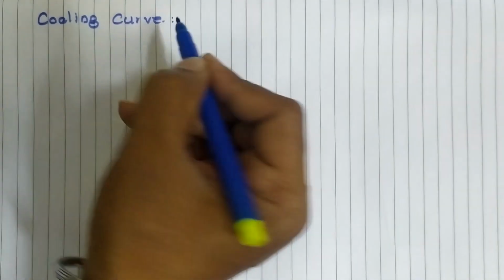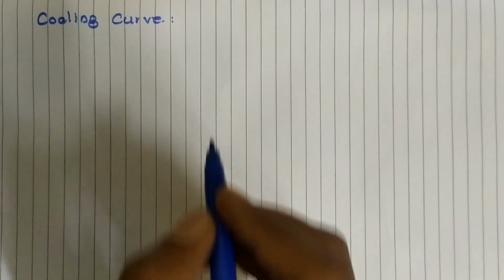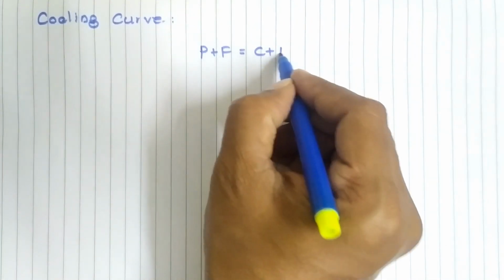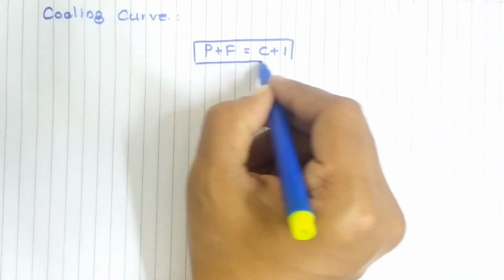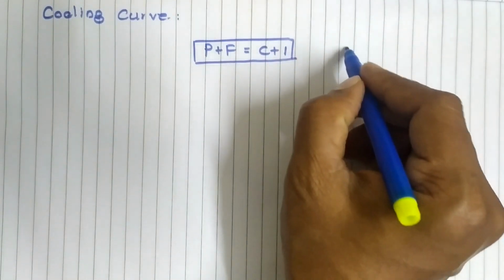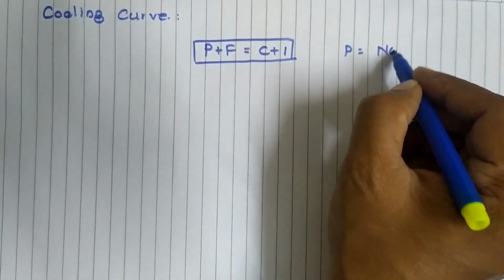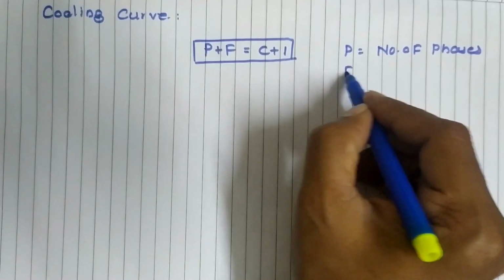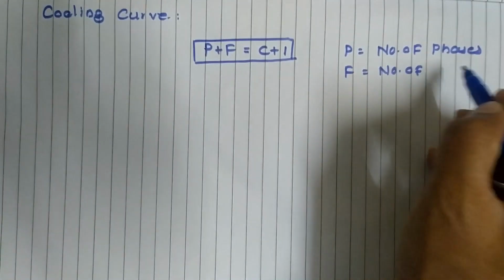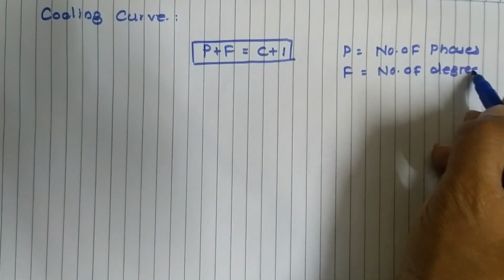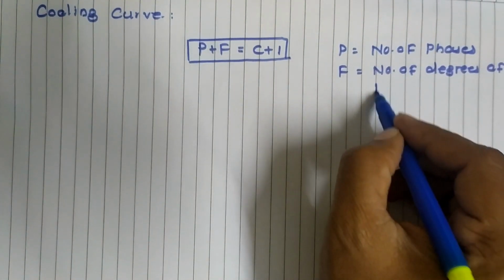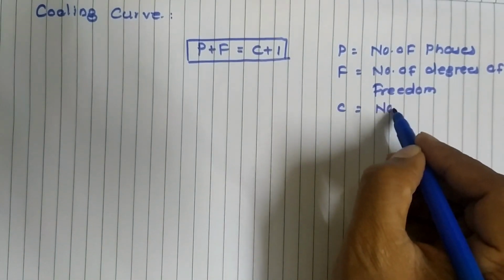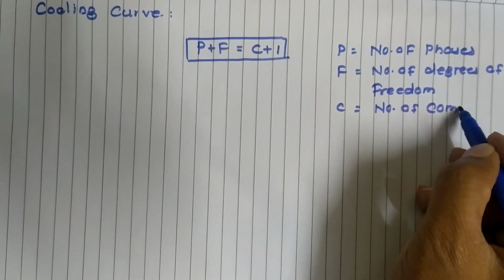In the last lecture we have studied the Gibbs phase rule, that is P plus F is equal to C plus 1, where P is equal to number of phases, F is equal to number of degrees of freedom, and C is equal to number of components.